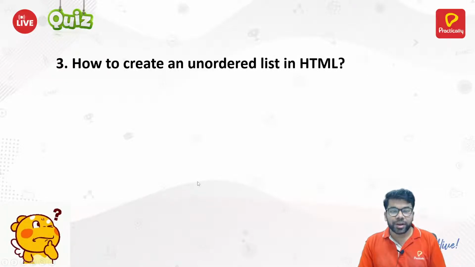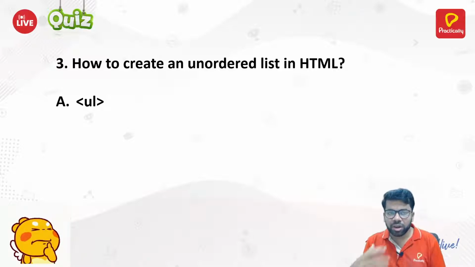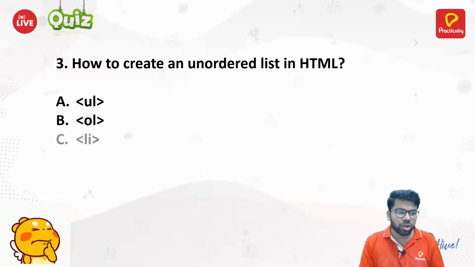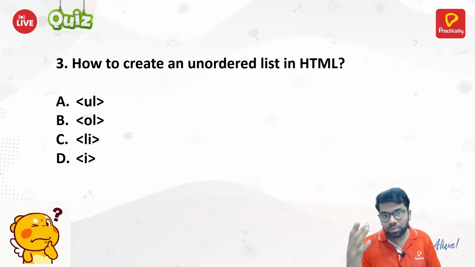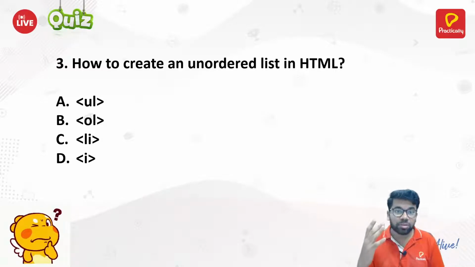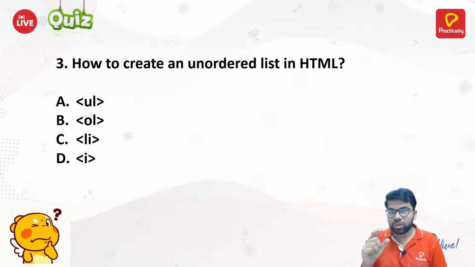Now, how to create an unordered list in HTML? Unordered means we want to display information which is not in order. The options are UL, OL, LI and I. So what is the tag used to display items with the help of bullets, not in a particular order?